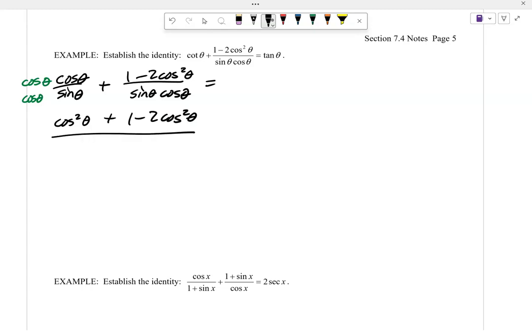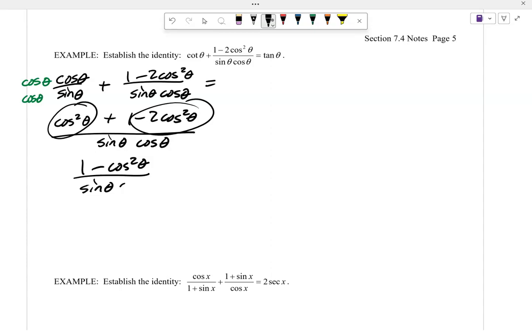Now this is all over that sine cosine common denominator. Okay. And now we'll combine like terms. I got cosine squared minus 2 cosine squared is a negative cosine squared. So I got 1 minus cosine squared all over sine cosine.